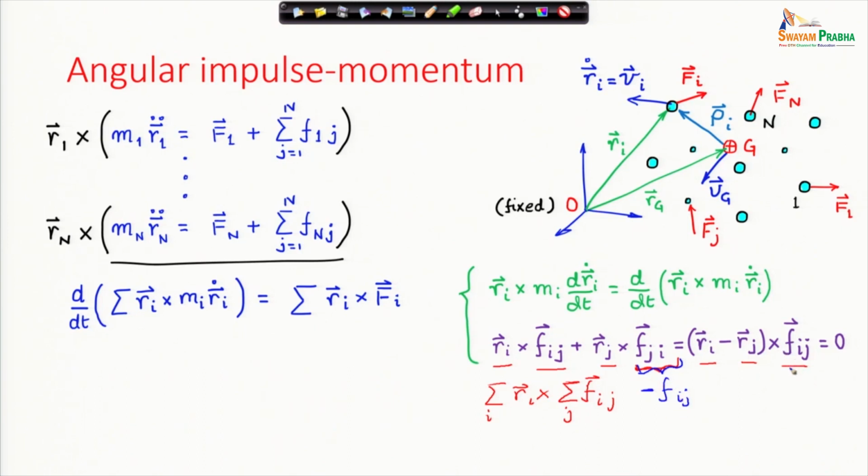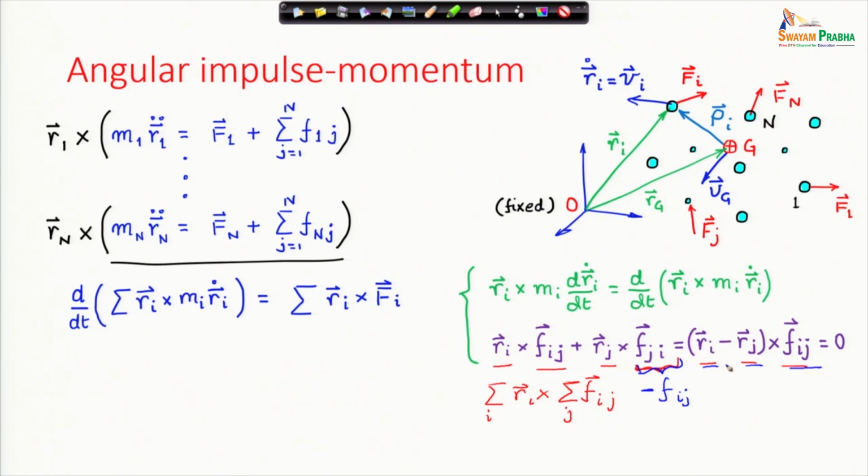Then I take f_ij common, and what I have in brackets is r_i minus r_j. Now, r_i minus r_j is this relative vector, the vector joining particle j to i, and f_ij is also, because this is an internal force acting between the ith and jth particle, along the line connecting i and j.